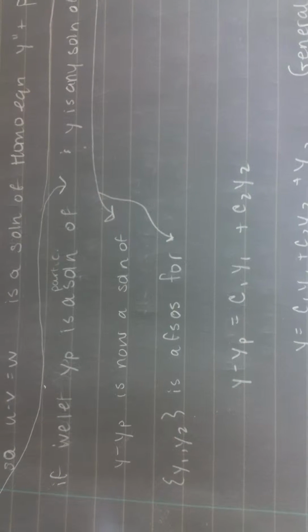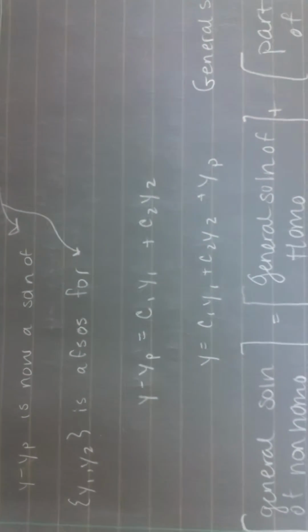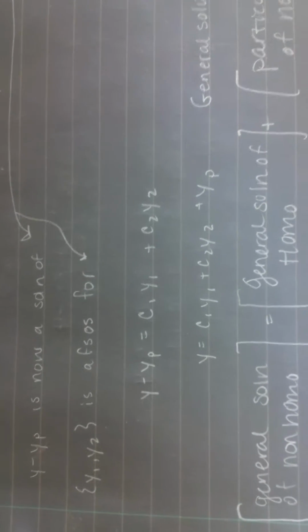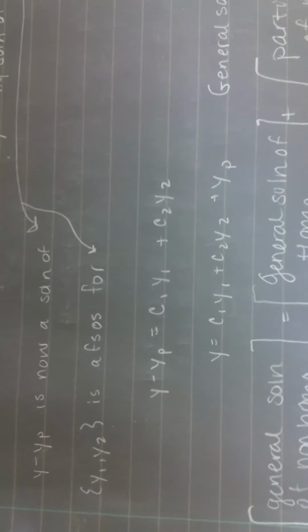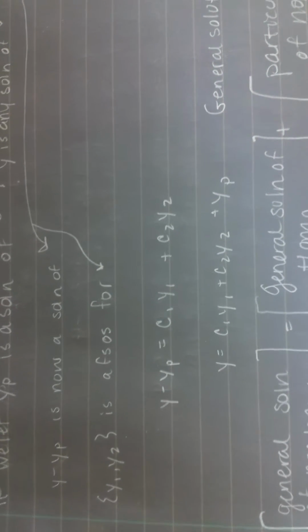And y1, y2 is a fundamental set of solutions for that homogeneous equation. So what we get is y minus our particular solution is of the form c1y1 plus c2y2. That should look familiar to you.